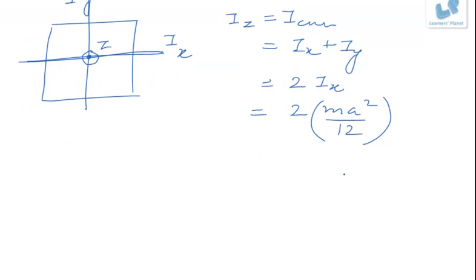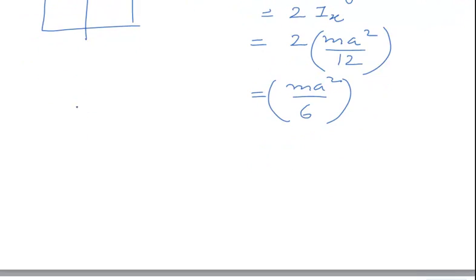Okay, this is a standard value, so we get ma square by 6. So we know the moment of inertia about the center of mass. Now for application of the parallel axis theorem, we should know the distance of the new axis from the center of mass. Now if this side is a, this distance will be a by root 2.